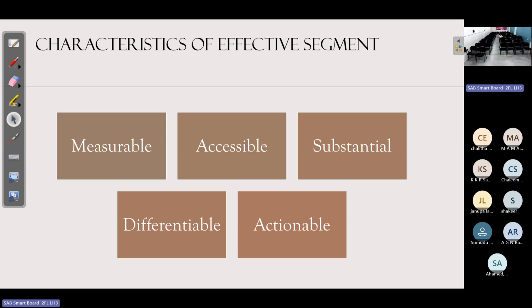So when we are selecting a segment, we should select one which we can access based on our product.